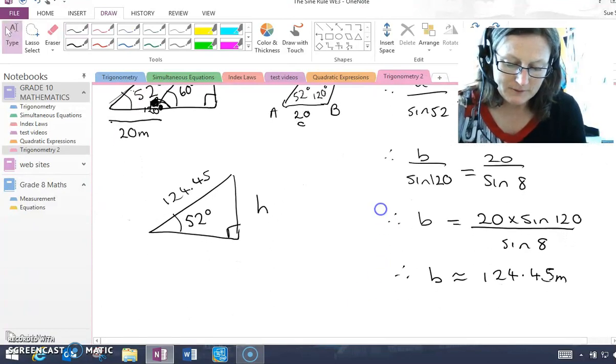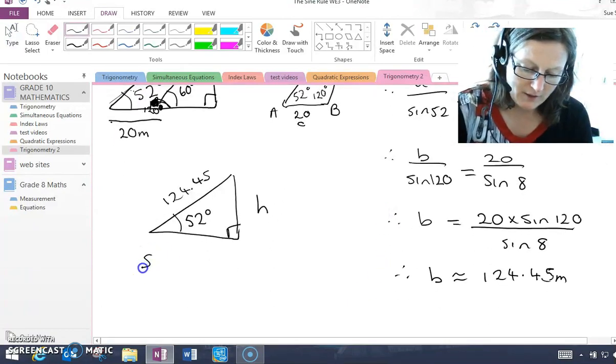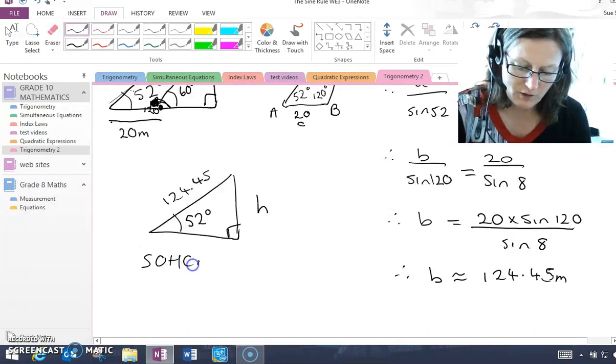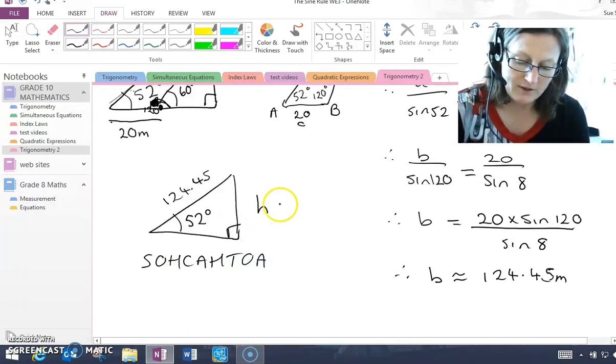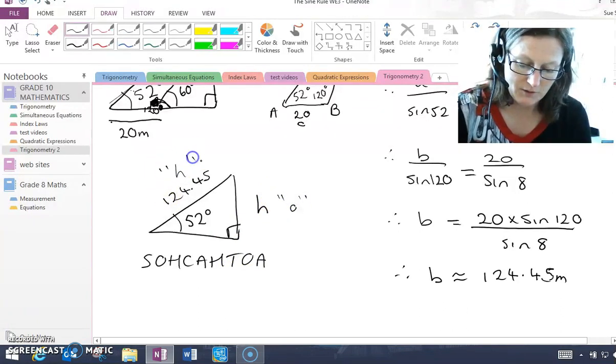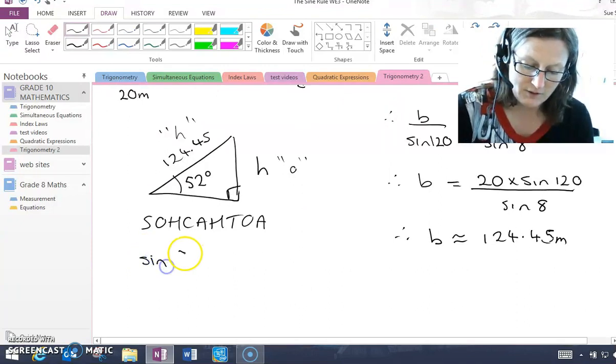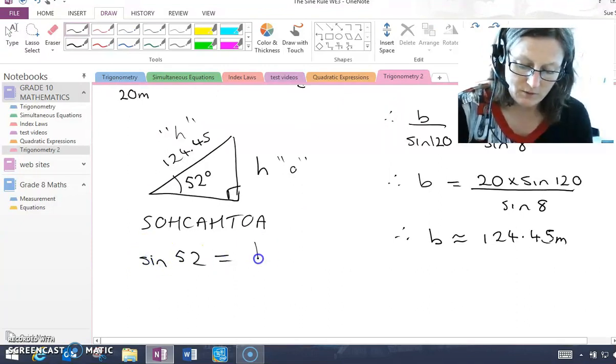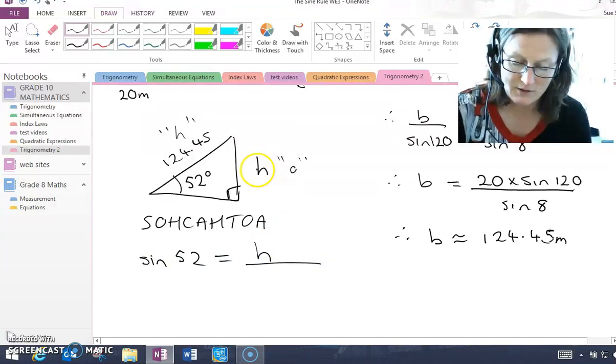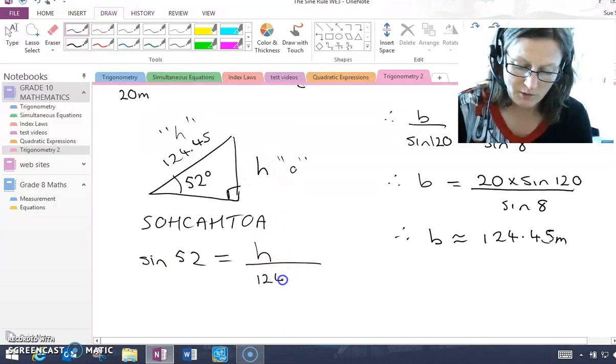Then if I think back to my trig ratios, the SOHCAHTOA information, let's look here. This is opposite, and this is hypotenuse. So that is sine. So using our trig ratios, the sine of 52 is equal to the opposite, which in this case is called h, over the hypotenuse.